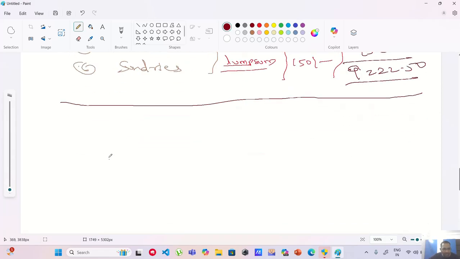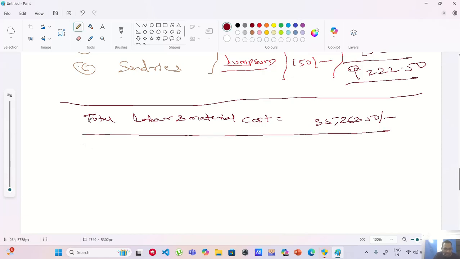Now we'll go for the final calculation, so that the total labor and material cost is equal to how much, around 35,262 rupees 50 paise. This is the total labor and material cost.